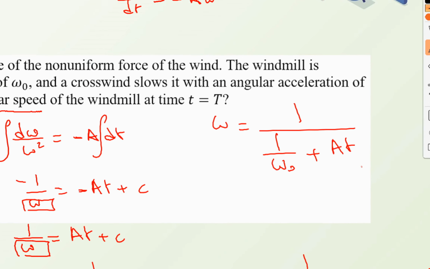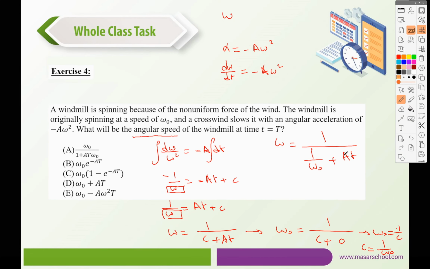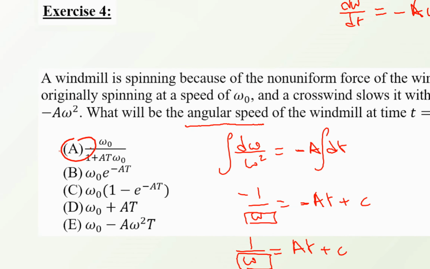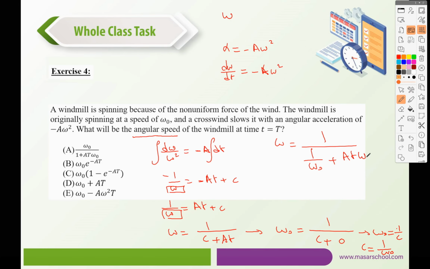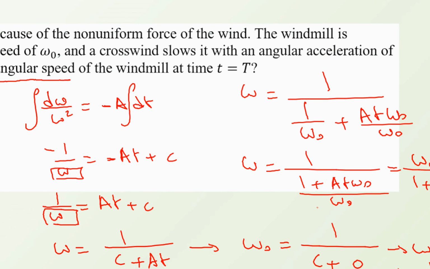Now as you can notice, we're approaching the form which is a. Here I would do a common denominator. I would multiply by omega 0 divided by omega 0. And here we would have that omega equals 1 over 1 plus a t omega 0 divided by omega 0, which is omega 0 divided by 1 plus at omega 0, because the 1 which is in the denominator becomes the numerator.